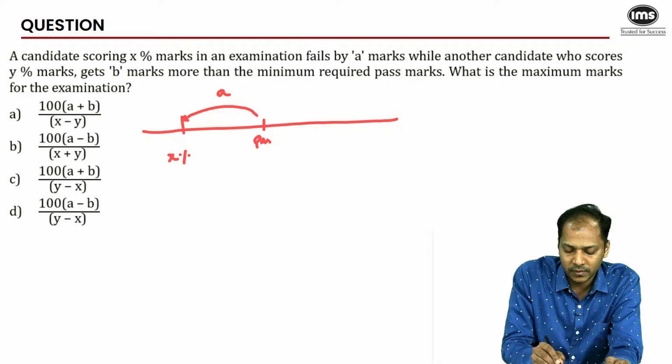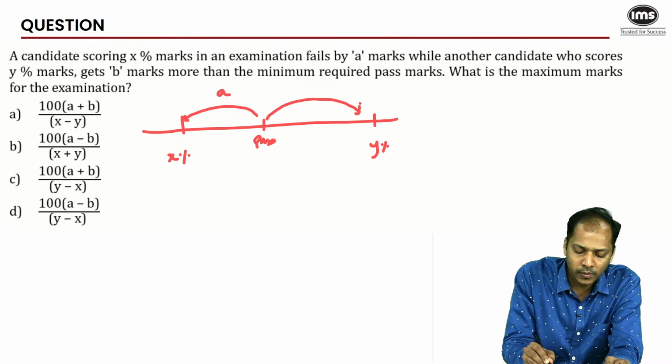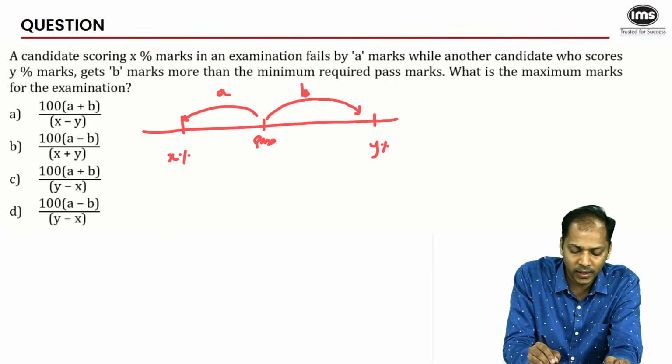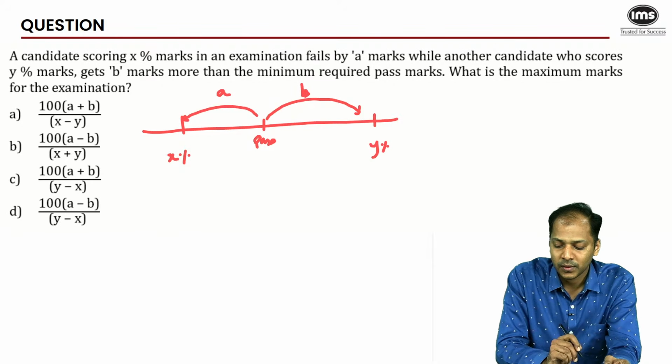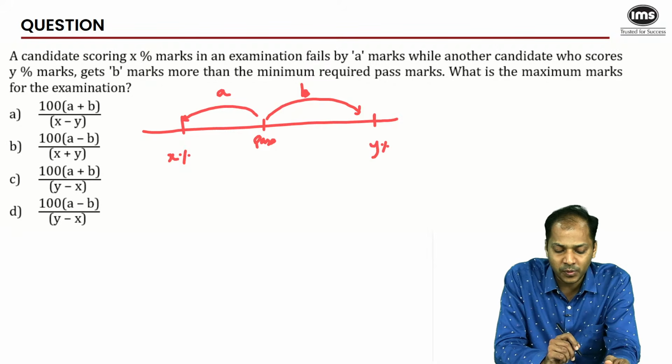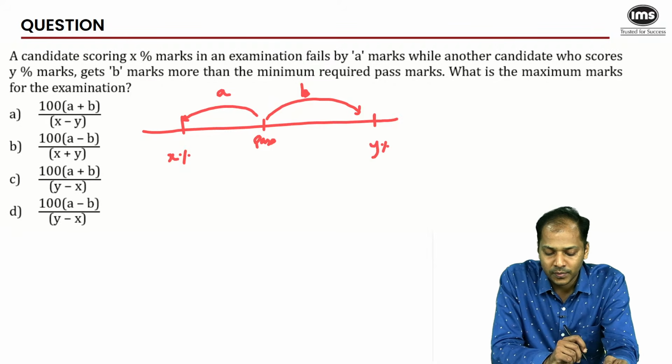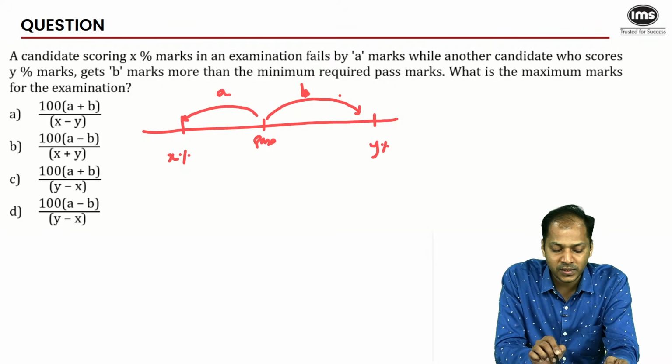This is the passing mark. Whereas someone who has passed by scoring Y% marks has done so by scoring B marks more than the passing marks. What is the maximum marks for the examination? So basically we are looking at 100%.